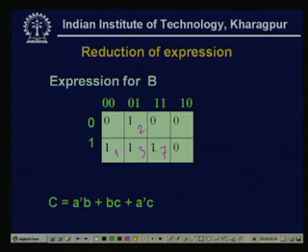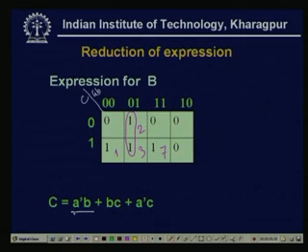So, only these 4 terms. Now, see here we can form some couples. This will be one couple. For this it will be A dash B, if we take A B and see.